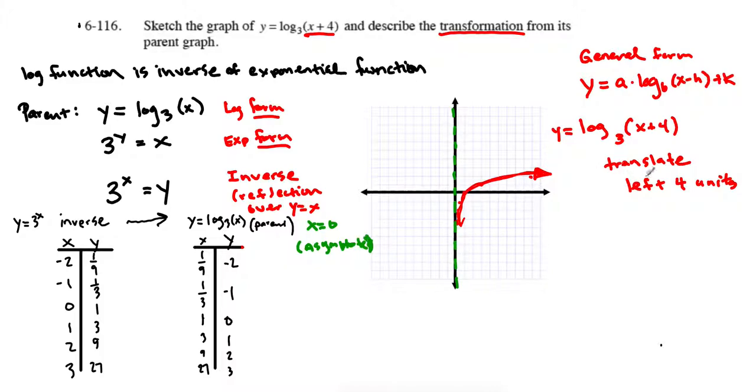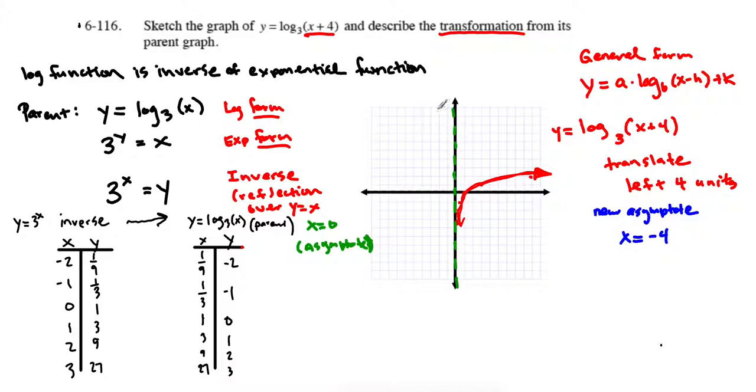We've moved it left 4 units, which means our new asymptote, which we'll do in blue, will end up being x equals, going left 4, back 1, 2, 3, 4, over here, so x equals -4.